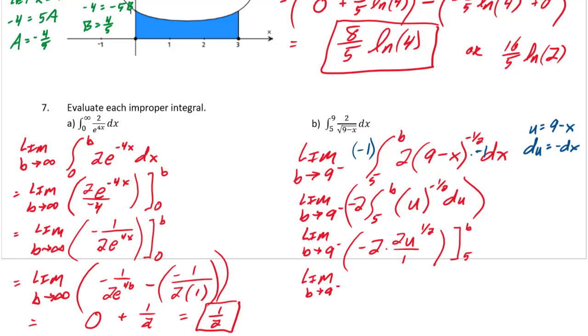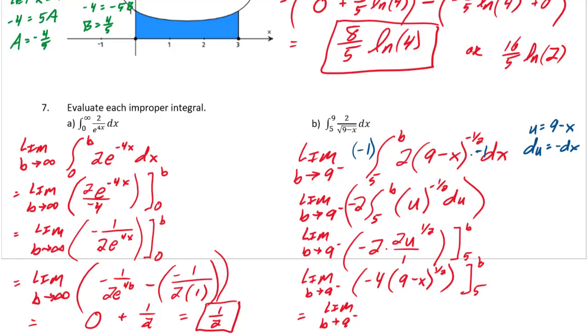So for this one, I got a negative 4 that would stay in front, and then replace that u with 9 minus x. I could rewrite that using a square root symbol instead of having the 1/2 power, but it does not really matter. I'm just going to simplify each of these in the next step, and then apply the limit.